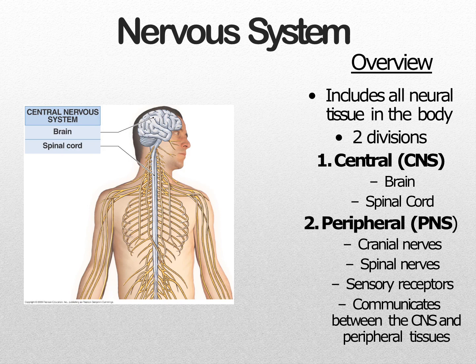brain and spinal cord, and they are called the cranial nerves and the spinal nerves, and they have sensory receptors that are attached to them. And they communicate with the central nervous system and peripheral tissues. Okay, so there's a communication between the peripheral tissues and the central nervous system. So these are the nerves that hang off of the cranium and the spinal cord, and they reach the far ends of your body.